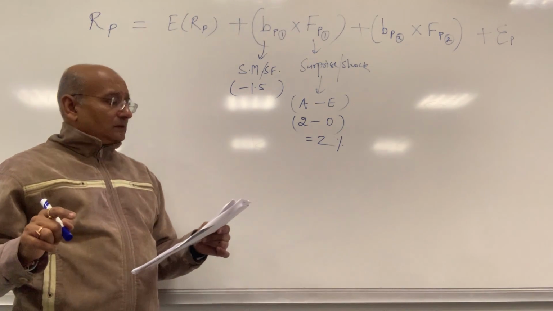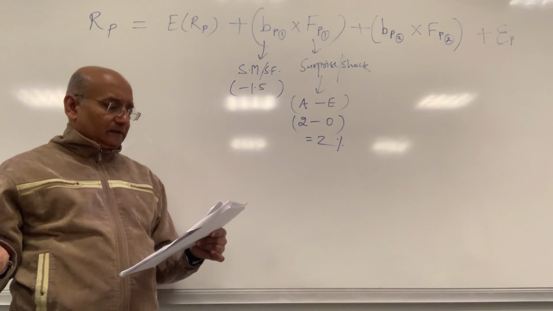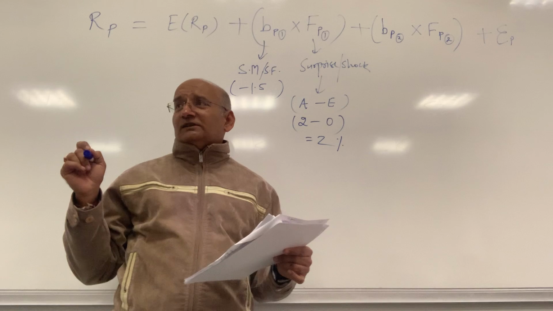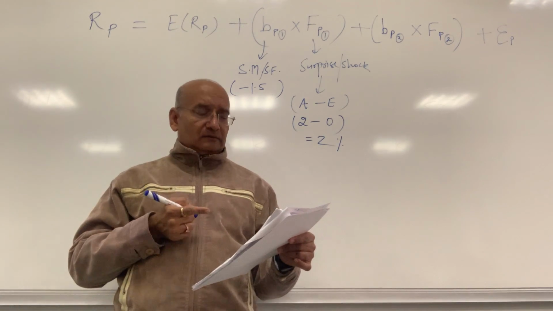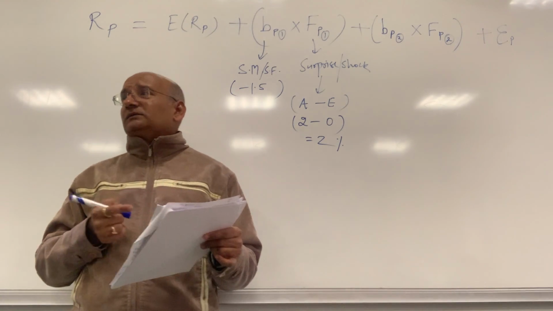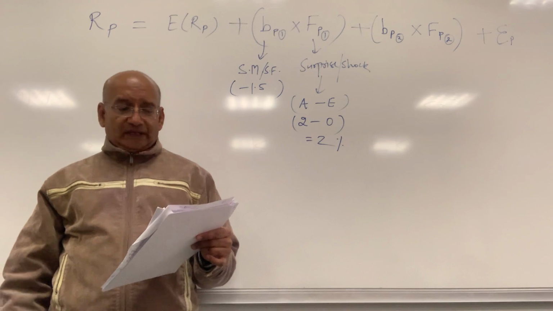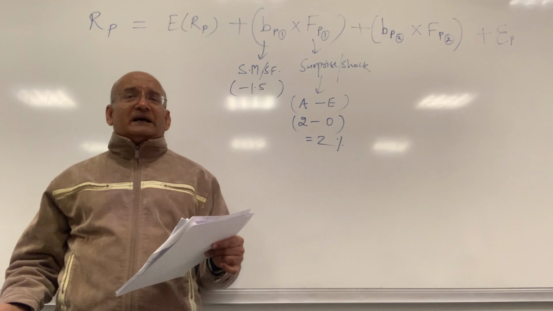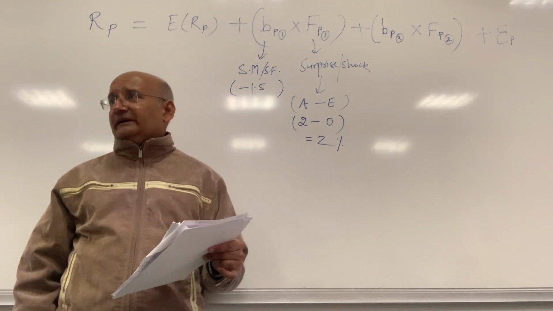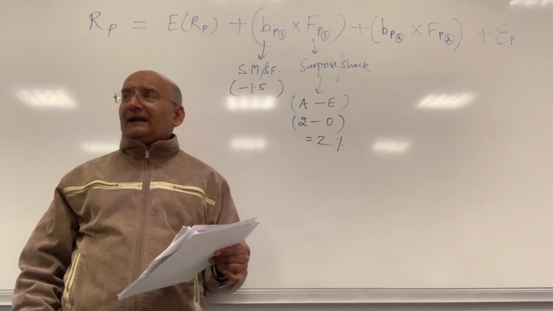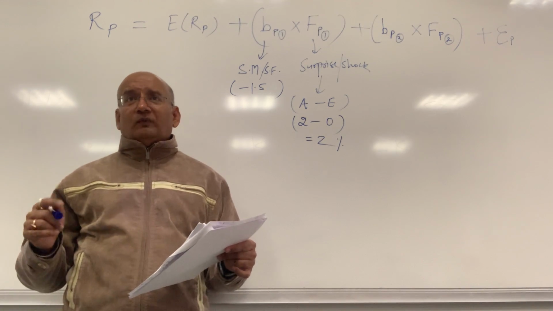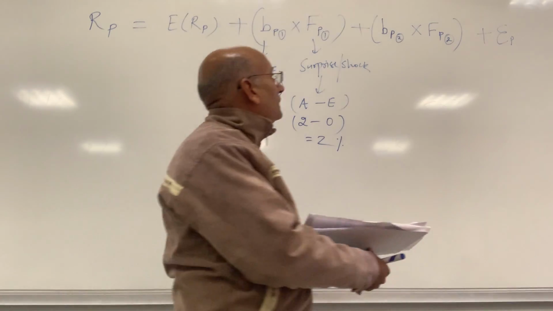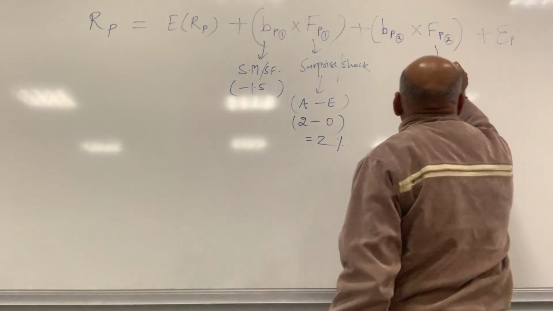And second thing, surprise or shock for GDP. The second element given here is growth in GDP. Initially, it was expected that the growth in GDP would be 4%. But actually, it happened only 1%. Okay? So what we need to write here?